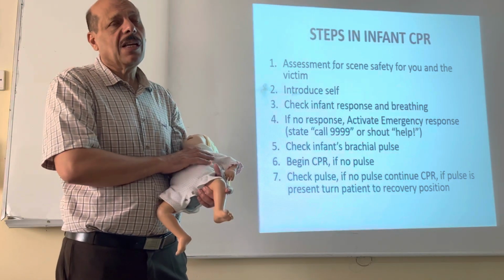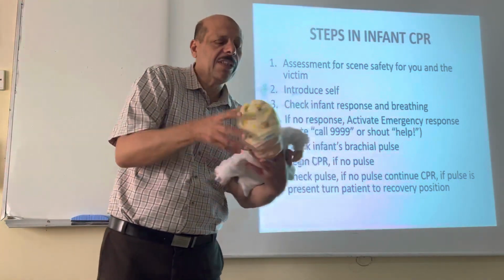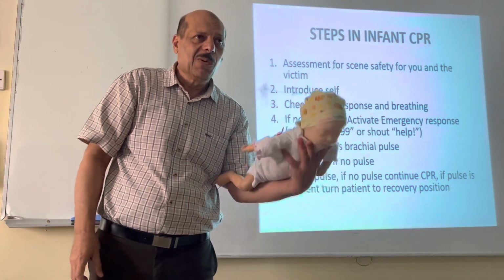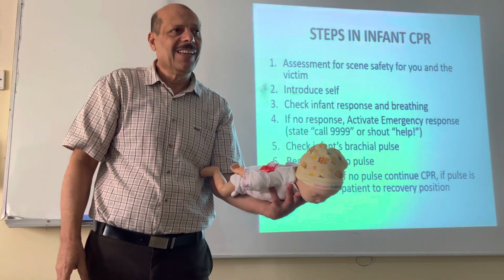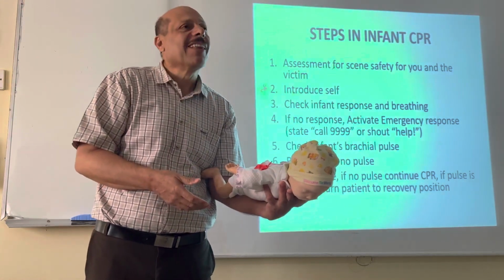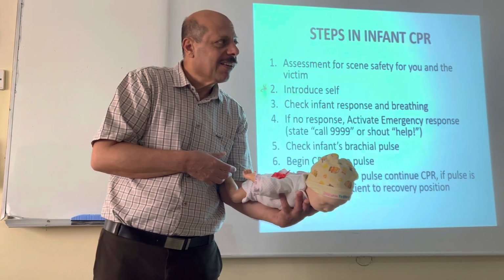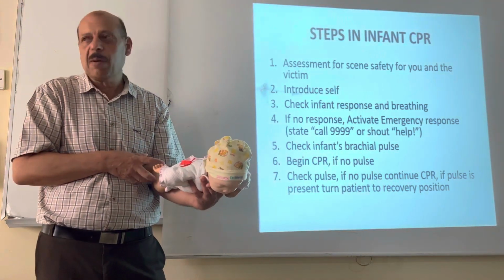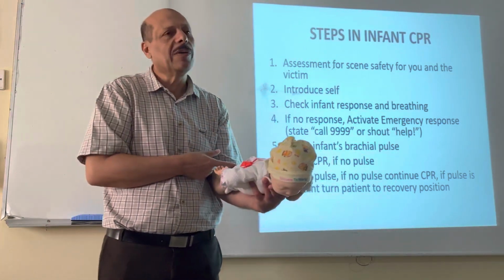Recovery position in infant is like this position. See, where is my finger? Why do I put my finger like this? What's the purpose for that? Yes, in order that the head will not be down, to have a clear airway, an open airway.